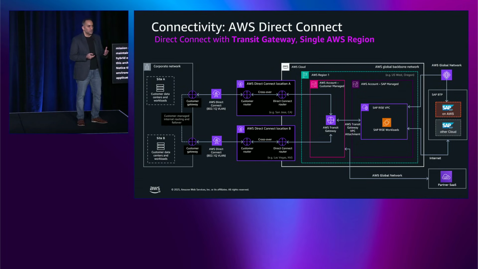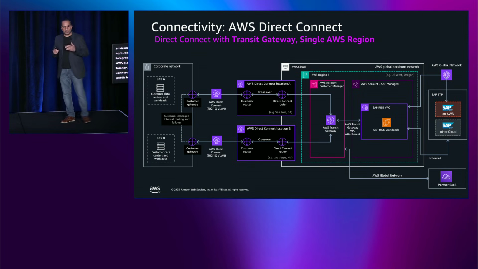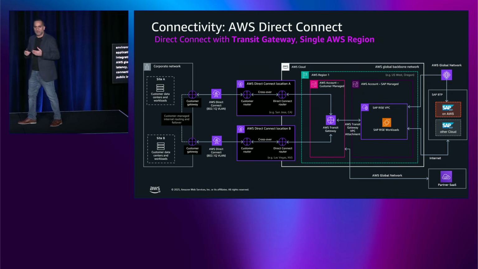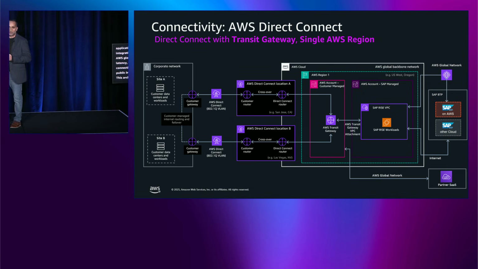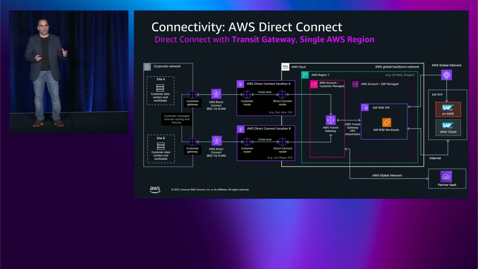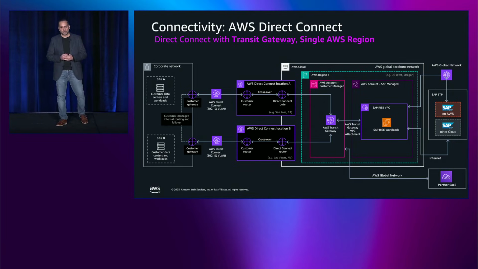These connections leverage AWS global network, which means low latency, high bandwidth, secure connectivity without traversing over public internet for most of the journey. This architecture is important as it shows how your SAP Rise environment connects across your hybrid enterprise landscape.